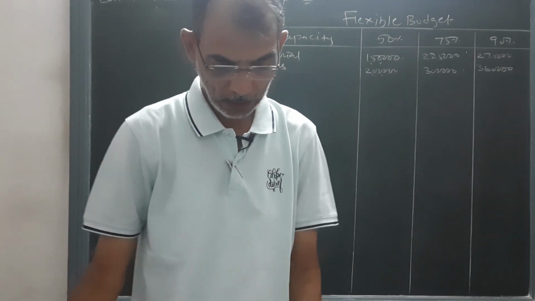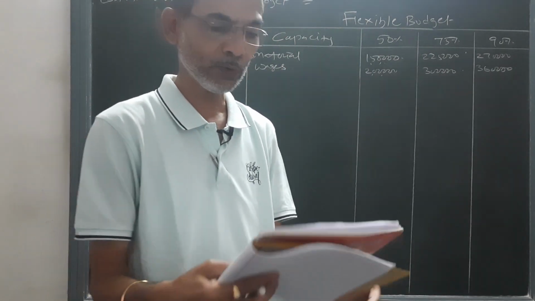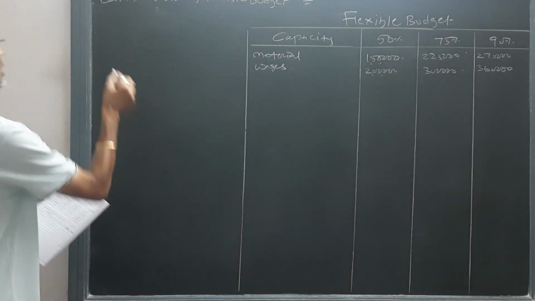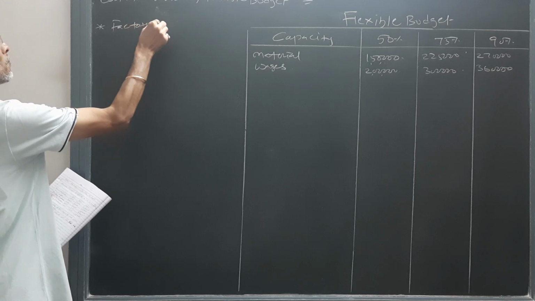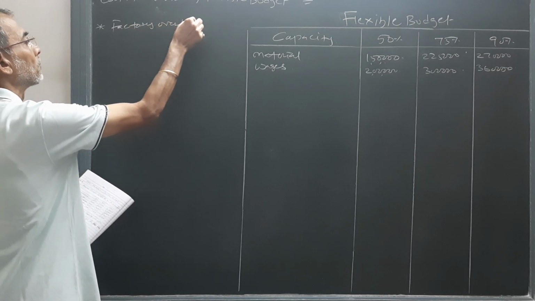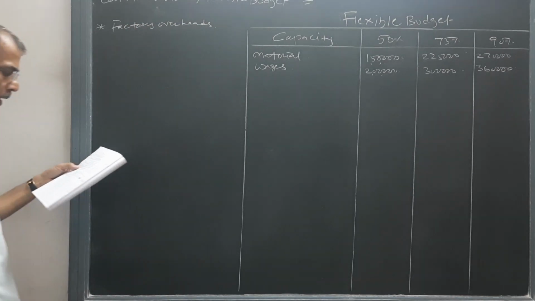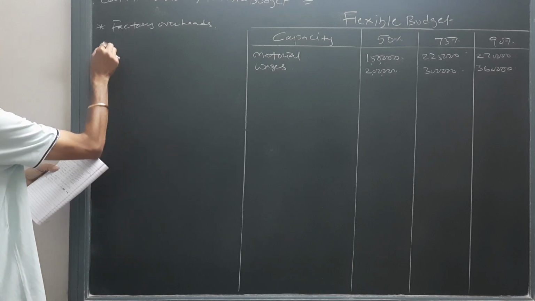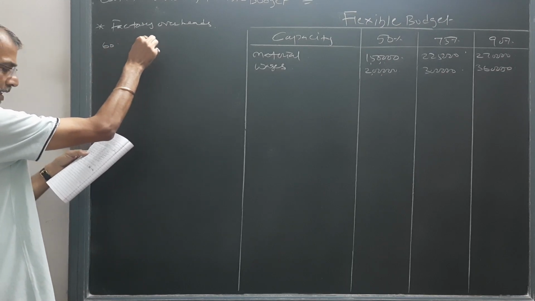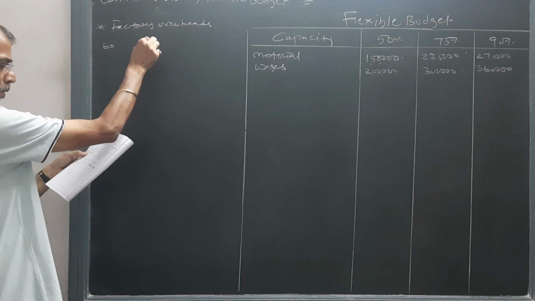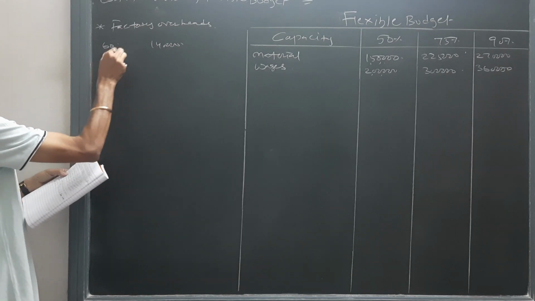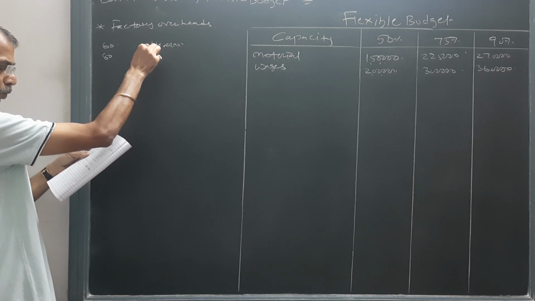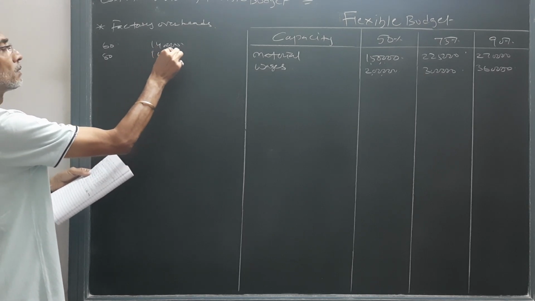Now when it comes to the term of factory overheads, at 60, that is 140 and at 80, that is 160.